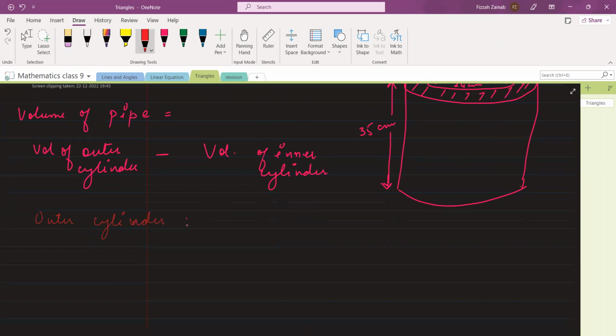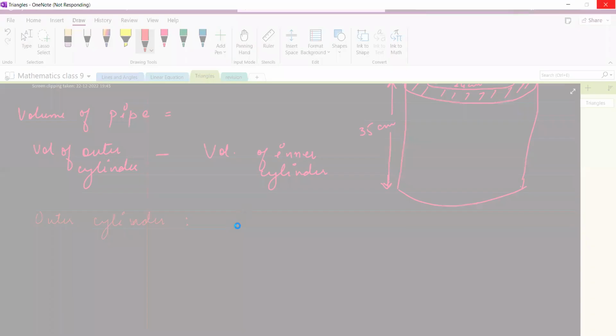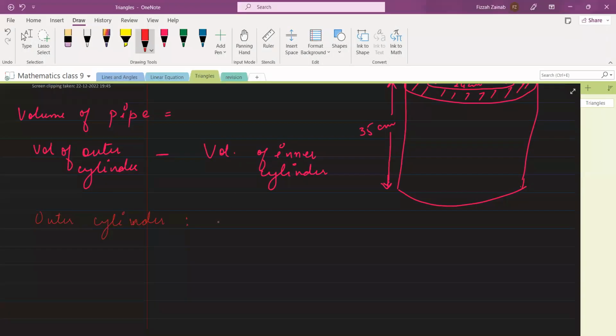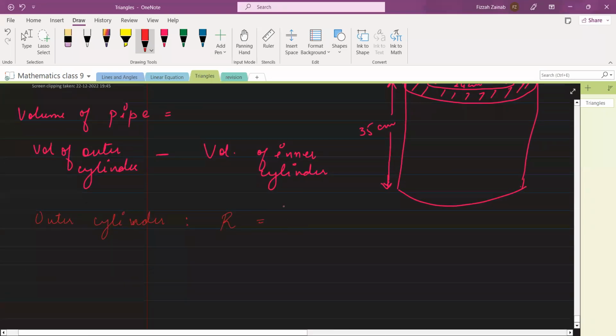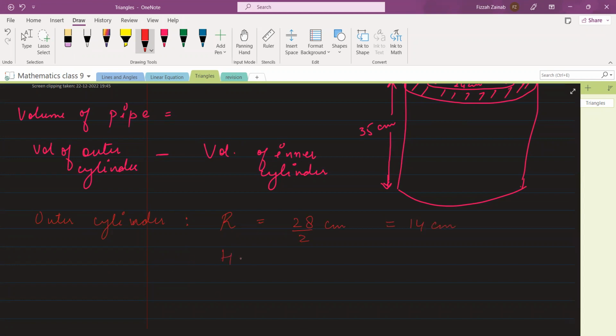So let's say its radius is capital R. Now outer diameter is 28 centimeter, so the radius will be 28 divided by 2 centimeter, which is 14 centimeter. And height, which you can say capital H, will remain the same, which is 35 centimeter. Is that okay?